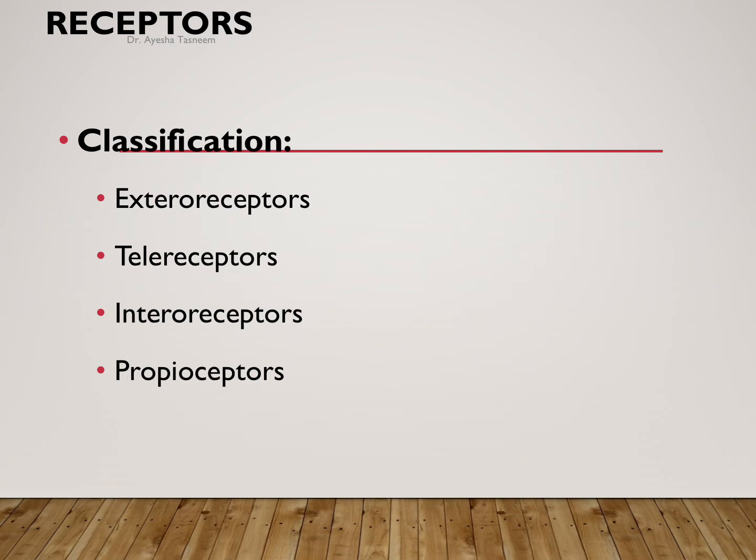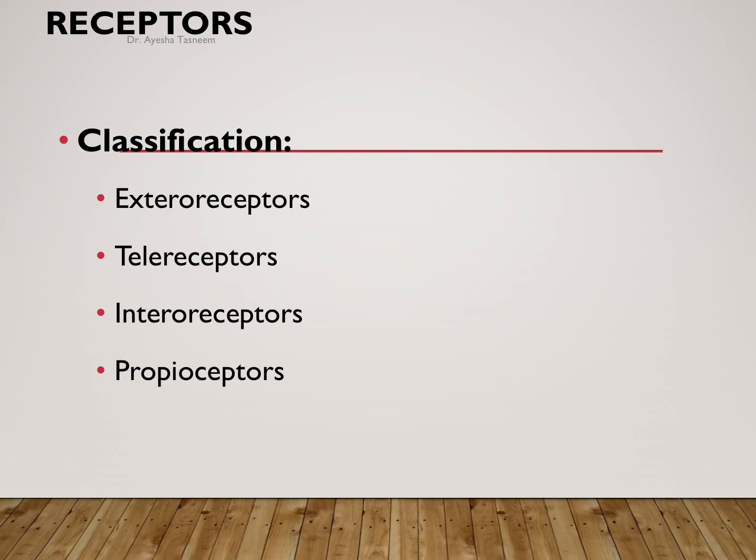Then we come to the types of receptors that are present within the body. Firstly, there are the exterior receptors. They basically affect skin, touch, light, pressure, pain, and temperature.